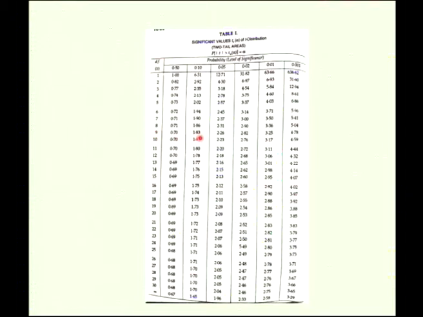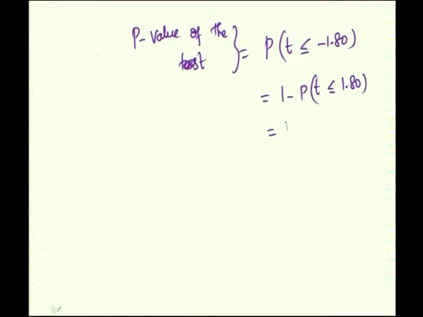In 9 degrees of freedom the nearest value of 1.83 occurs at 10% level of significance, and this being a two-tailed area, we are talking about one tail because the alternative hypothesis is one tail. Therefore, for one tail the level of significance will be 5%. This is 1 minus 0.95, which is equal to 0.05.